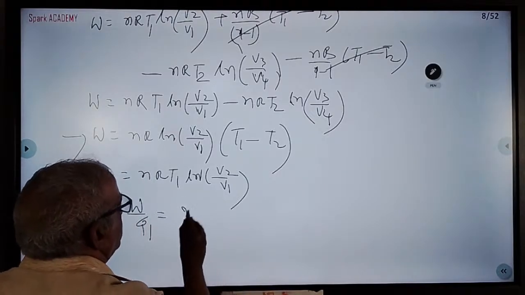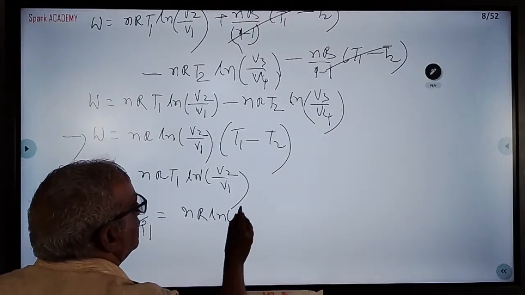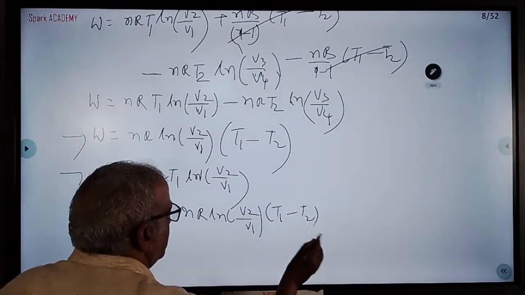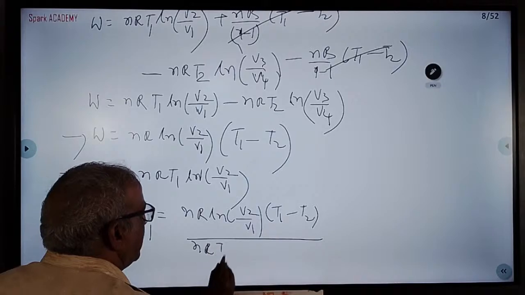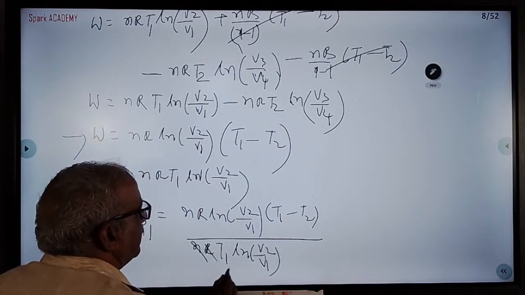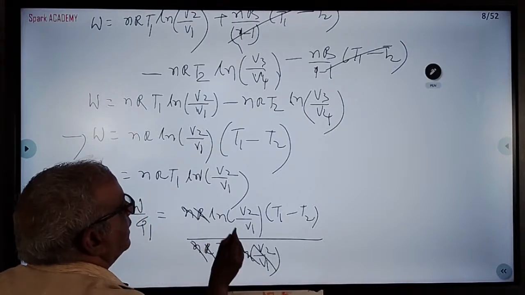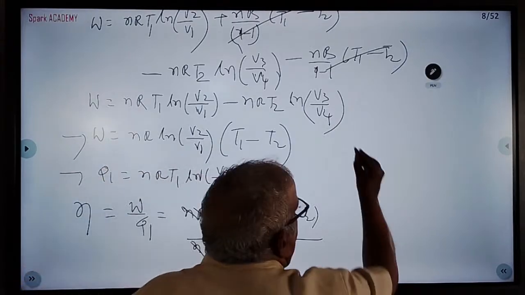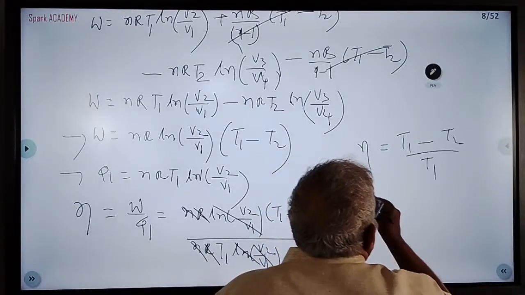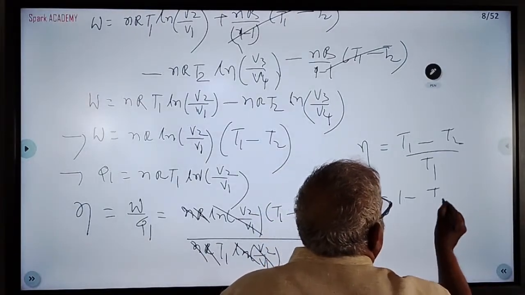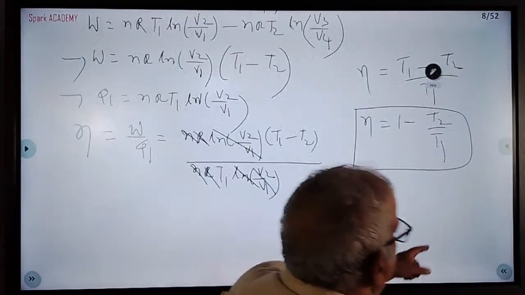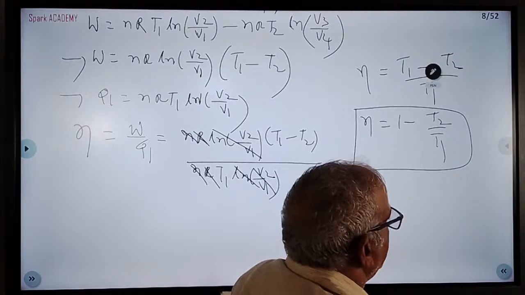So nR ln V2 by V1 into T1 minus T2 by nRT1 ln V2 by V1. nR ln V2 by V1 gets cancelled. Efficiency will be T1 minus T2 by T1. Therefore, efficiency is nothing but 1 minus T2 by T1. This is the derivation for the Carnot engine, where T1 is called the temperature of source and T2 the temperature of sink.